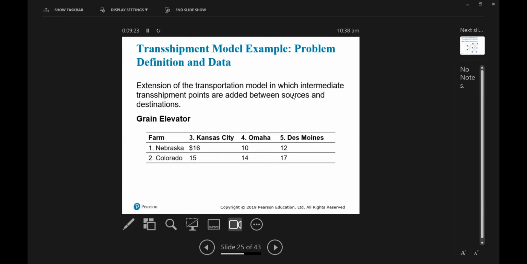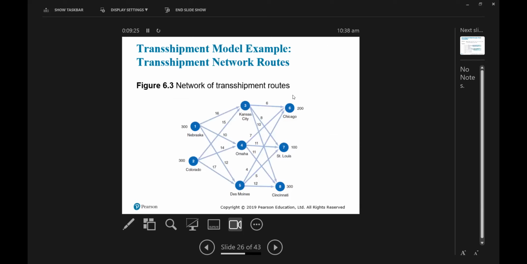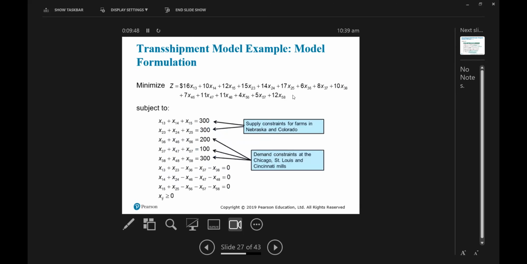So that nomenclature can be seen here. You can have X1,3, then X3,6. When you look at how the problem is set up, you can trace how the mapping is done. That's why I'm showing that.